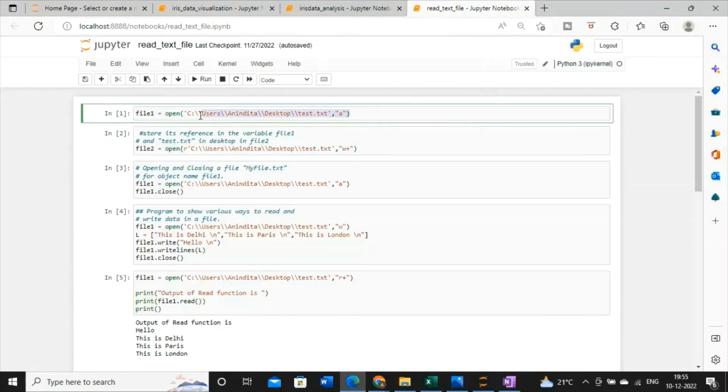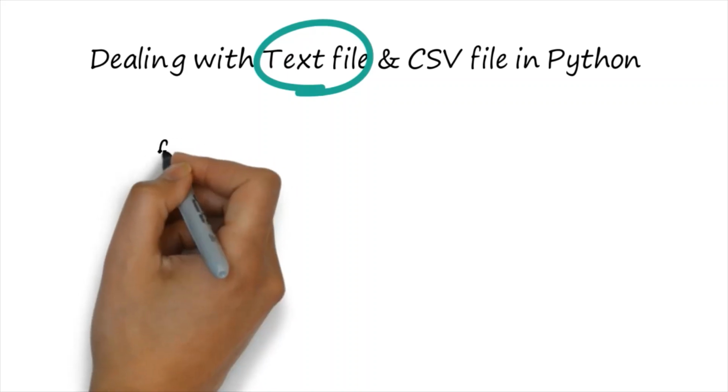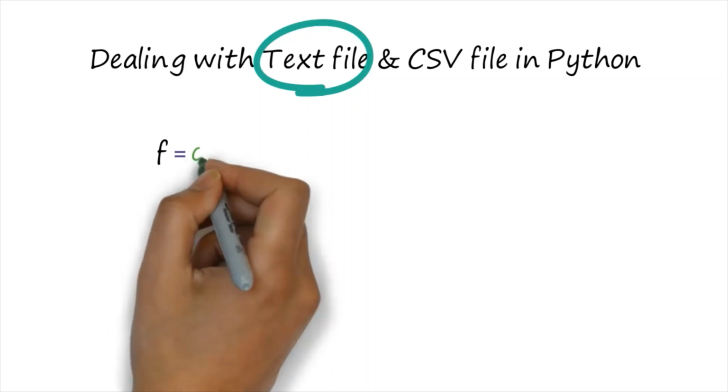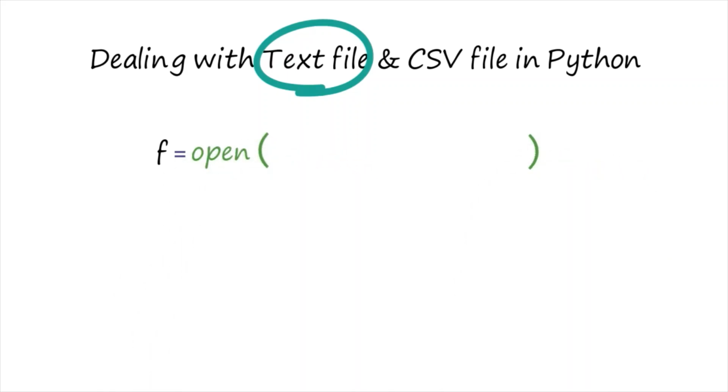Now, while opening or creating a text file, we have to use a particular function, open. So here my point is, whenever you are dealing with a text file, first you have to use one variable name. Say f is the variable name, and after that you have to use this function open. Now while using this open function, you have two parts.